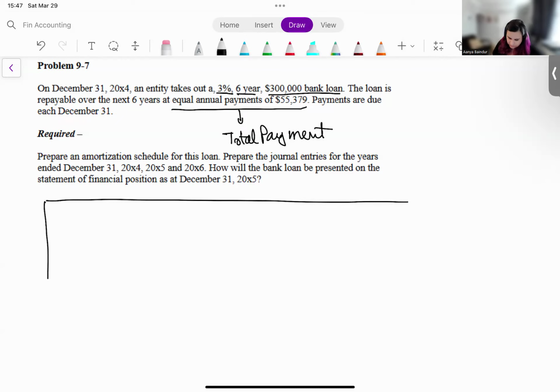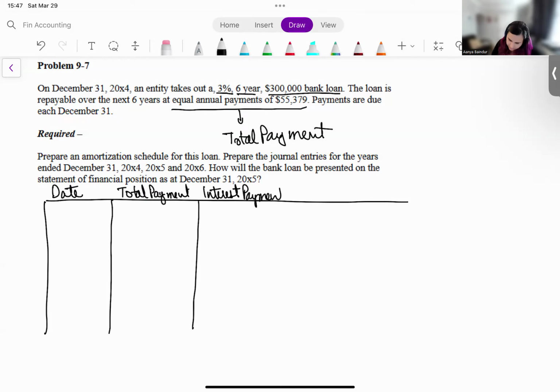This is what it will look like. You can put down the date, a year. You'll have the total payment, the interest payment, then your principal payment.